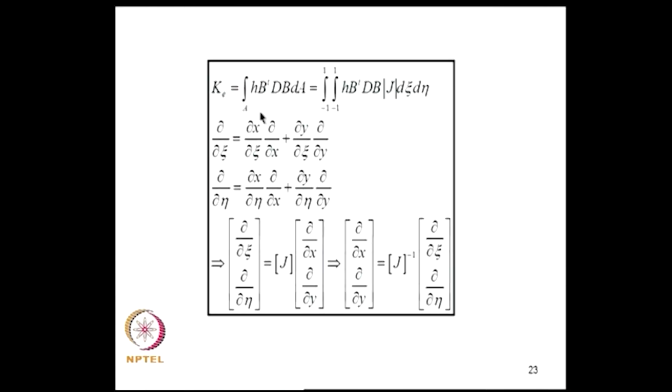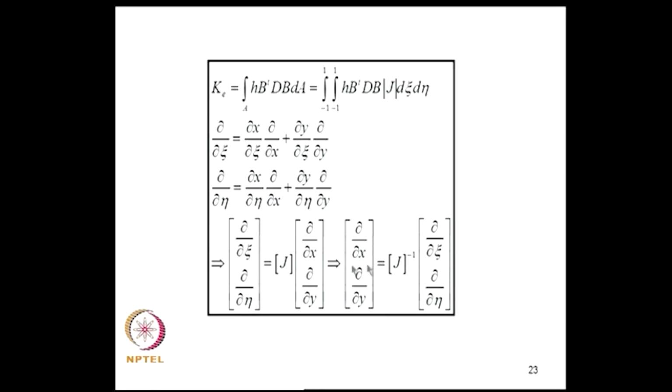How about the stiffness matrix? So, I need here B transpose D B into the Jacobian. Again I need to perform some calculations here. This D matrix has to operate now. So, I need this information, dou by dou psi is dou x by dou psi into dou by dou x plus dou y by dou psi into dou by dou y, etc. And if we put this in matrix form, I have this vector of gradient dou by dou psi and dou by dou eta, and this is the Jacobian matrix.